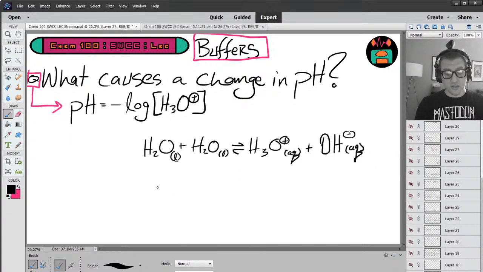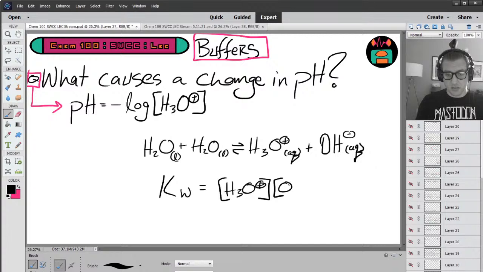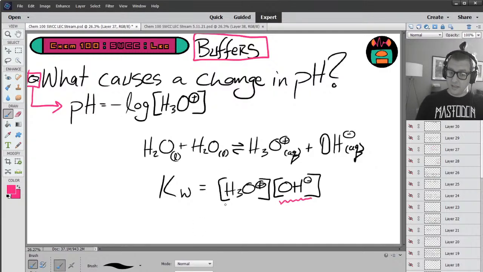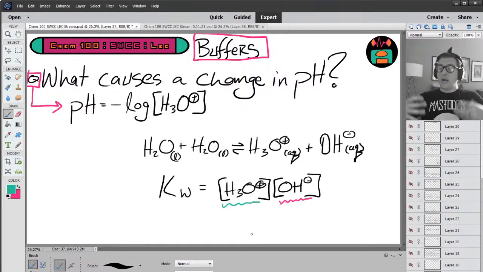We have the self-ionization of water with the equation Kw is equal to the concentration of hydronium times the concentration of hydroxide. We know that changing the concentration of hydroxide will affect the concentration of hydronium, or adding acid, right?